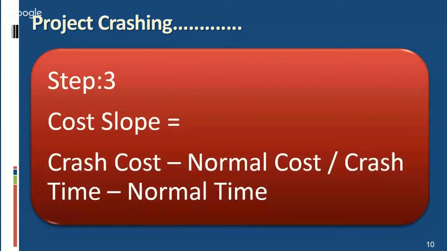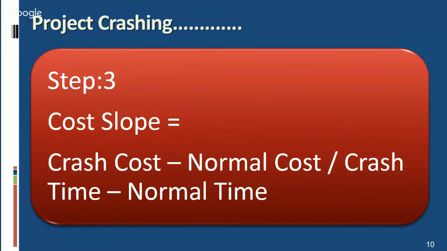Step 3. Before starting the crashing analysis with normal time critical path, we first calculate cost slope. Cost slope of each activity is crash cost minus normal cost divided by normal time minus crash time.